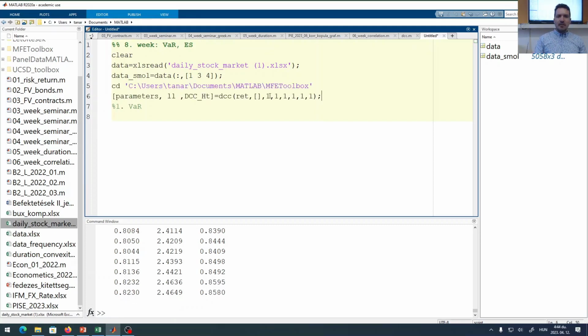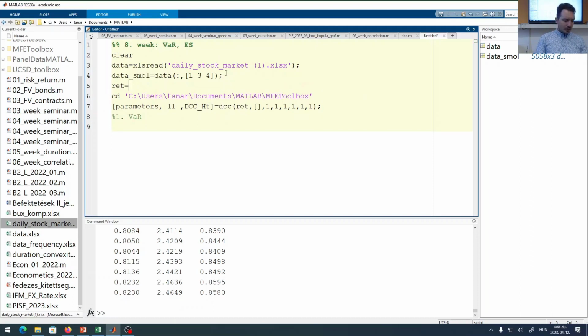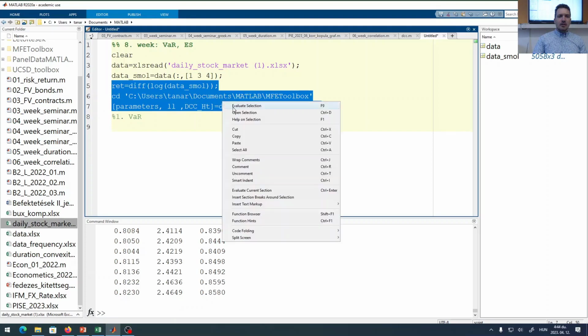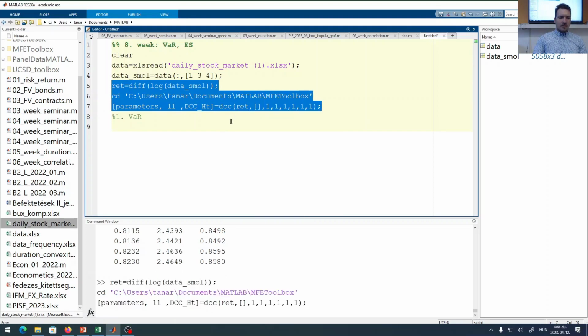Data small, so we need the logarithmic returns. Hopefully it will not fail.